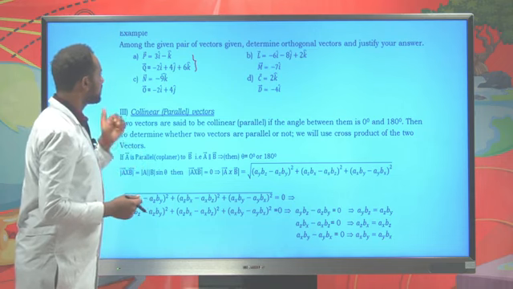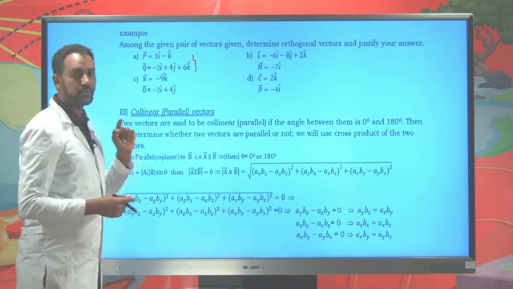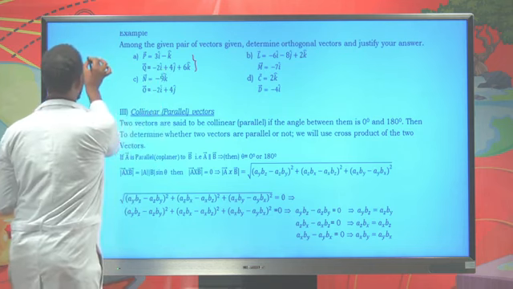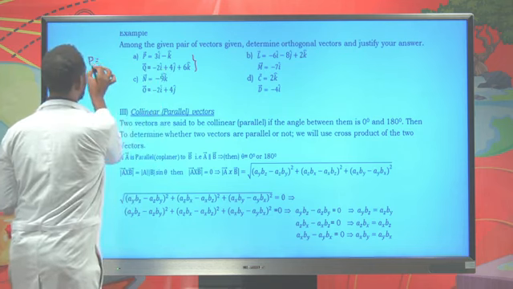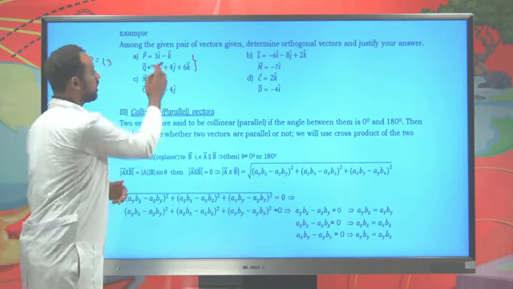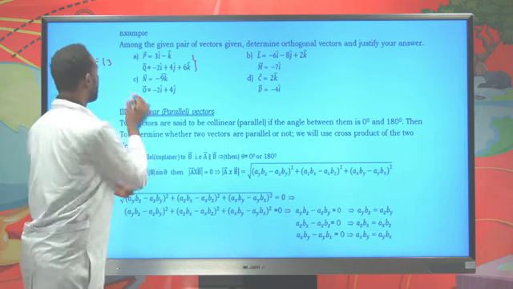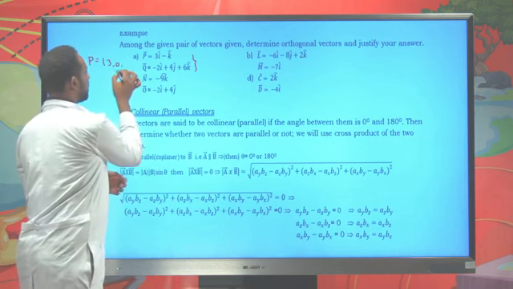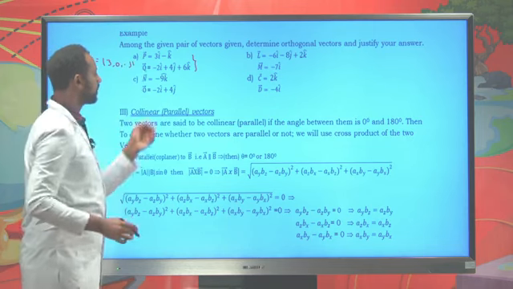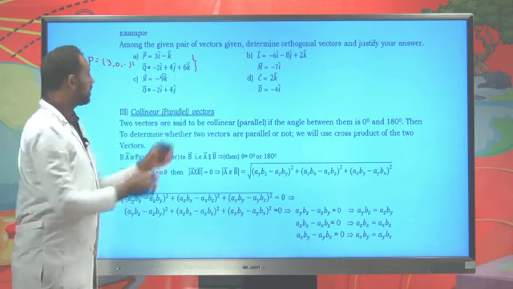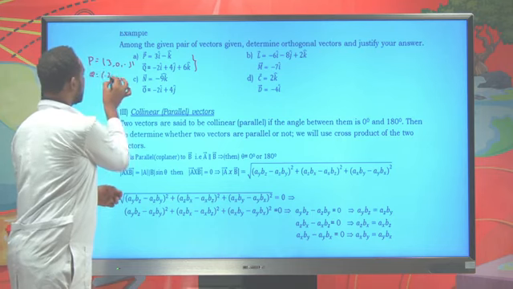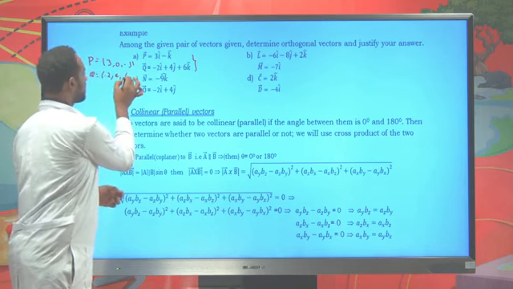To find whether the two vectors are orthogonal or not, you have to multiply each coefficient. What are the components of vector P? Well, the components of vector P are, we have the I component, 3. We don't have a J component or Y component, therefore it is 0. And the component of Z is -1. And here you have Q. The components of Q are -2, 4, and 6.